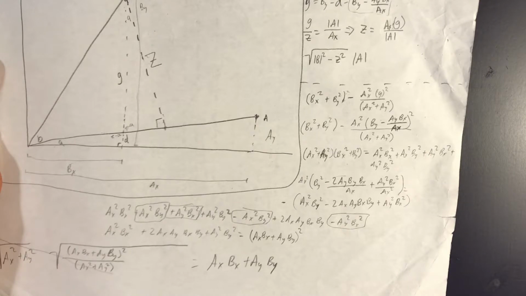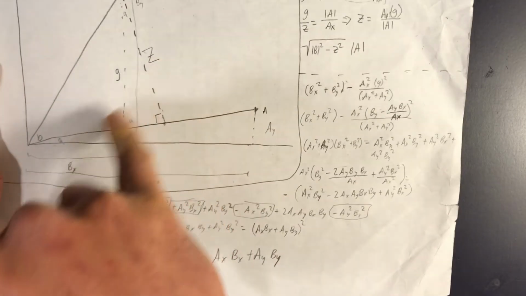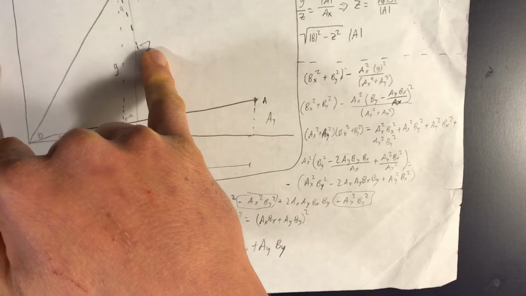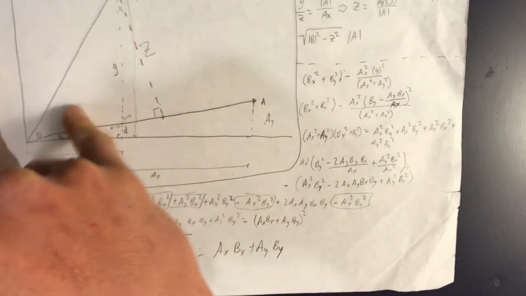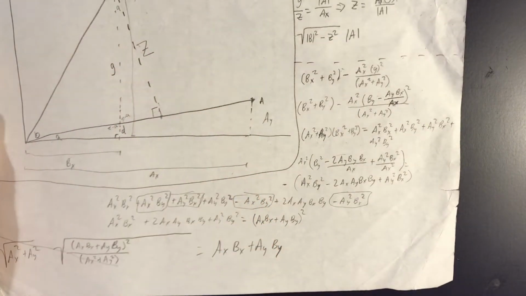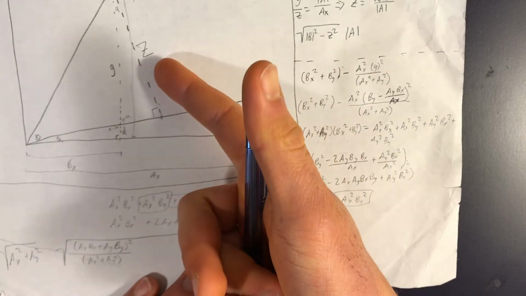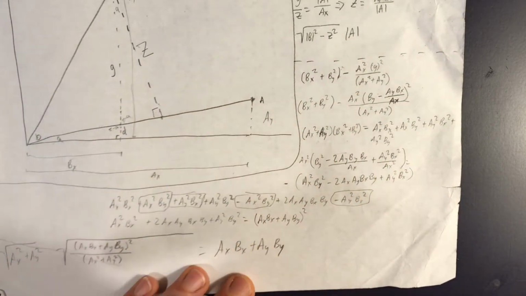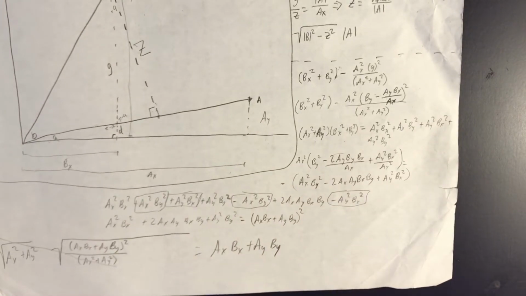Let me think here. Yeah, I think that's what it is. So we could prove it right now. You know what, we might as well. Let me get another piece of paper.